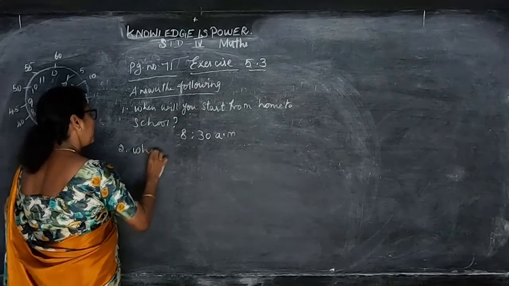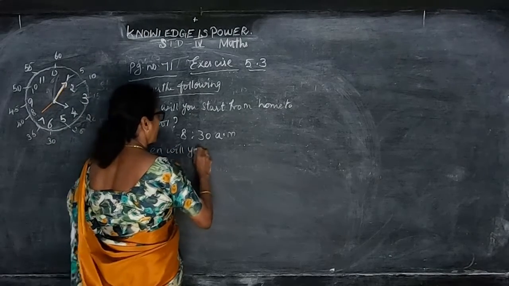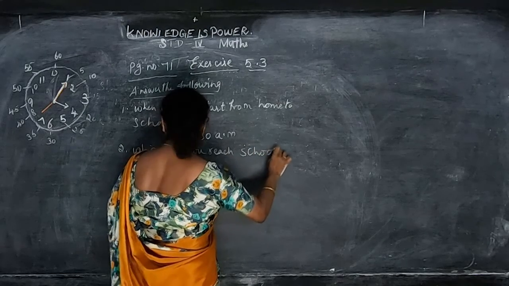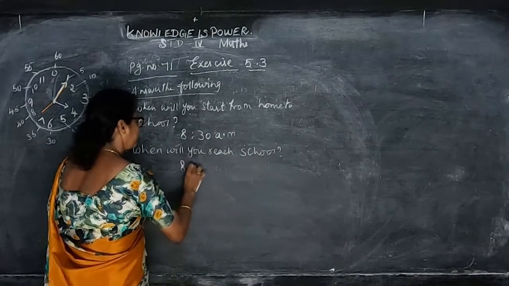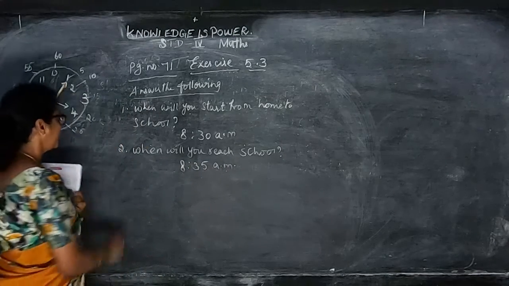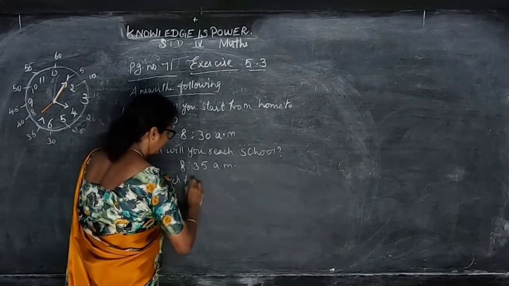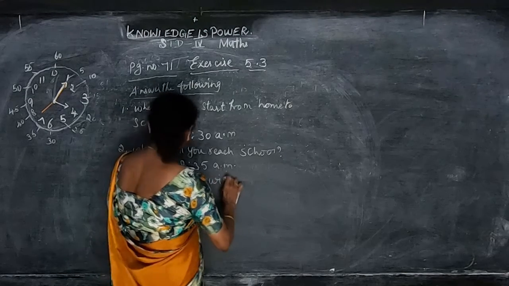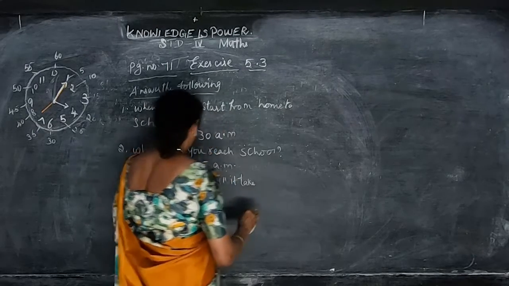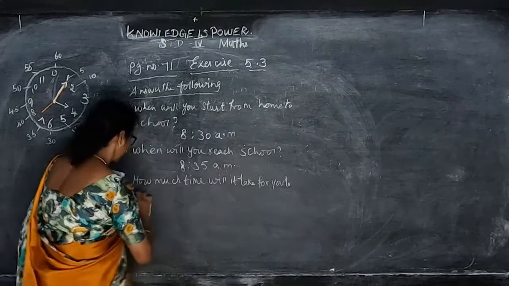When will you reach school? At what time? Or 5 minutes you can put. When will you reach school? At 8:35, or take 5 minutes. 8:35 a.m. How much time will it take to reach the school?